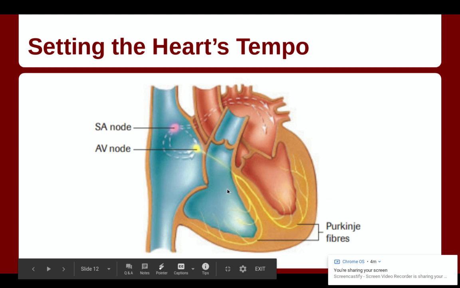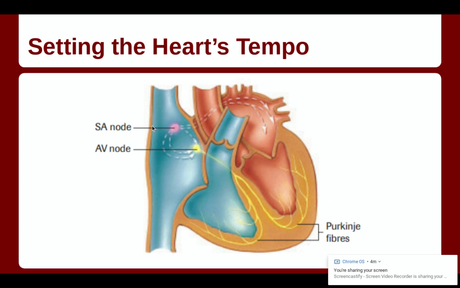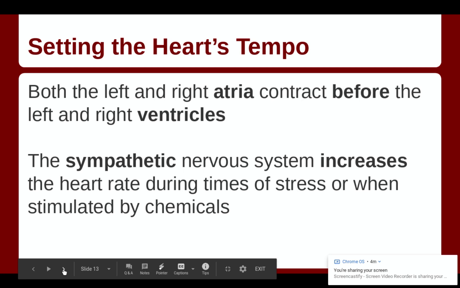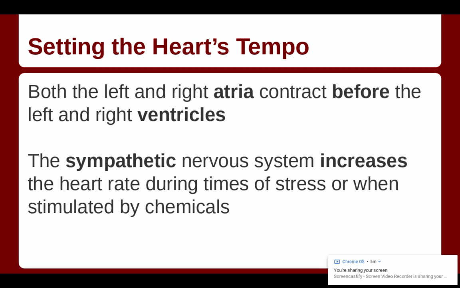Okay, so our nodes are in the atrium, and they send these signals throughout the heart and then to the AV node. The AV node is connected to these fibers, which cause the heart muscles to tighten.